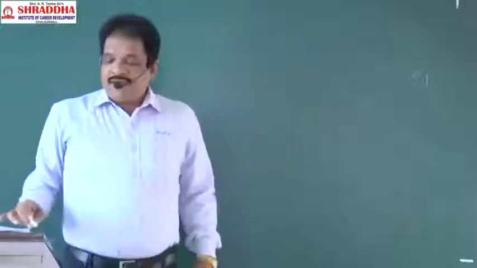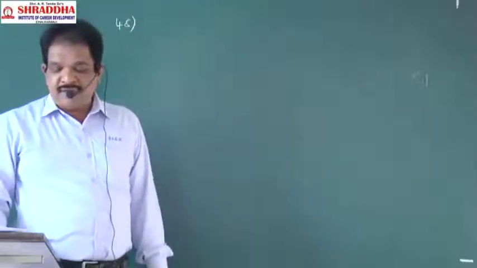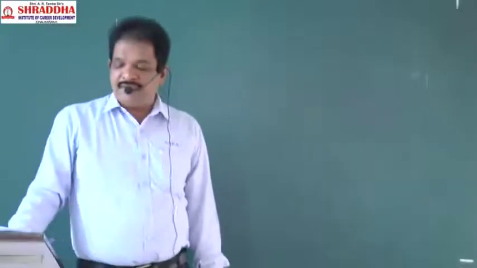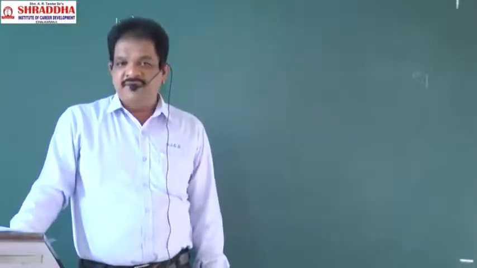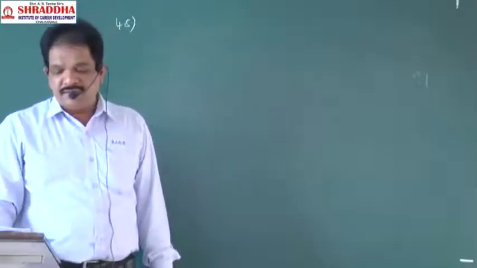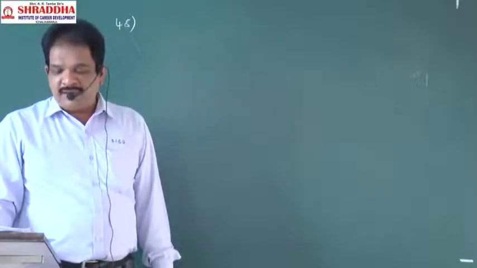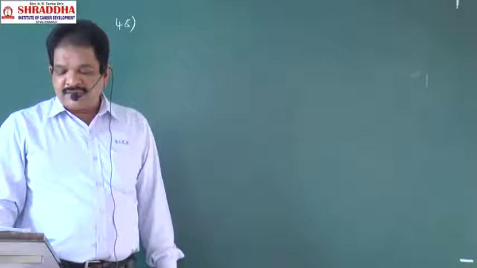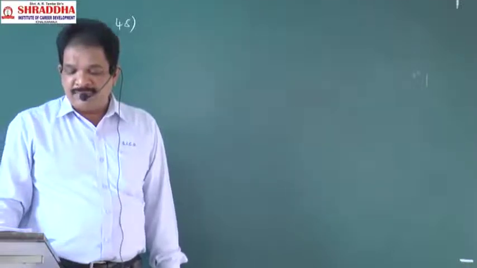Next, 48. The equation of state for a real gas has a pressure P, volume V and temperature T is expressed as P plus A by V square into V minus B is equal to RT, where A, B and R are constants. What are the dimensions of A by B?